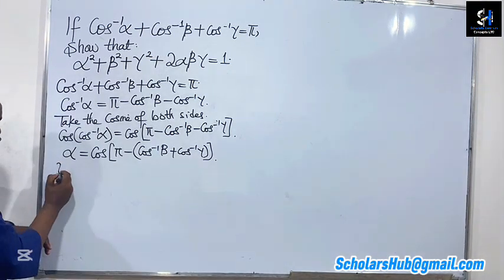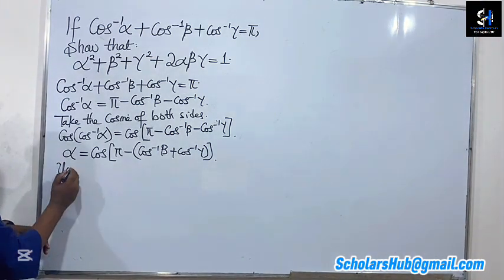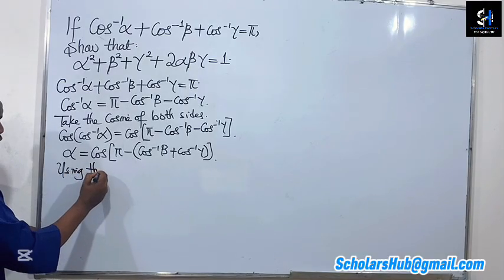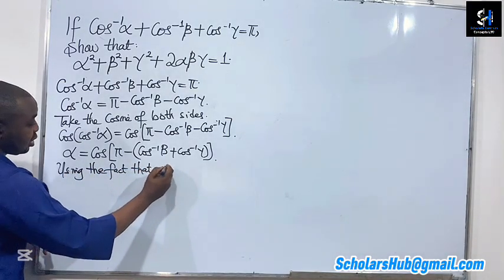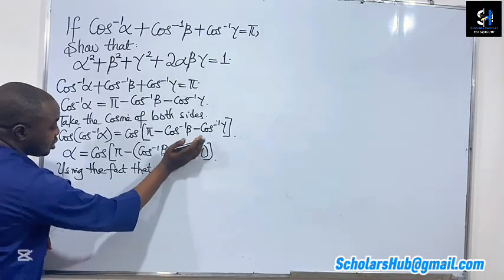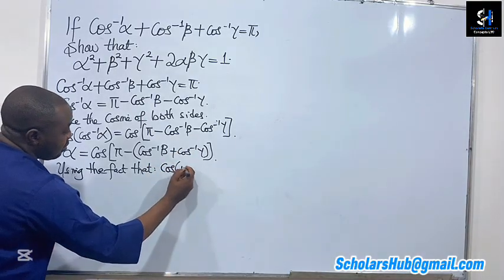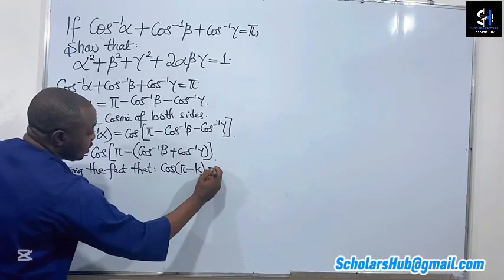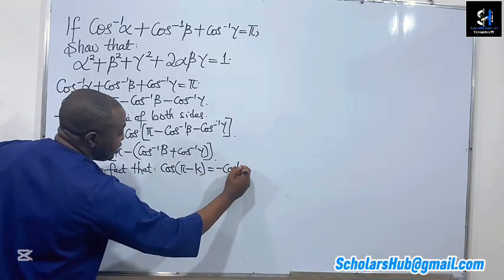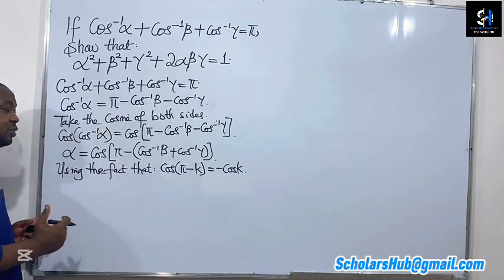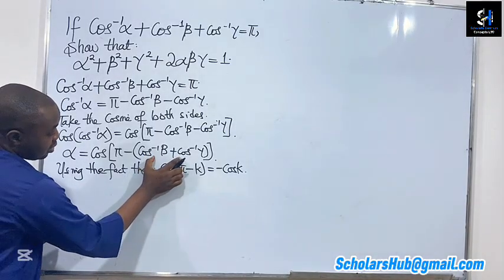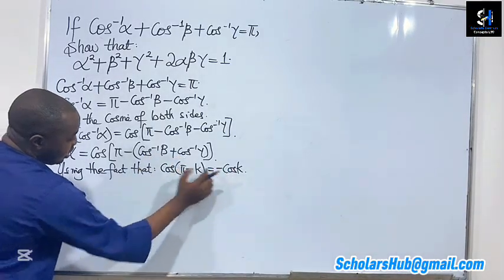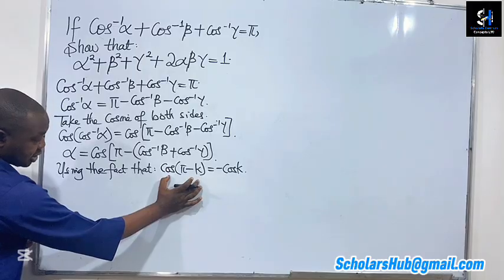So we can use the fact that if we have cos of pi minus k, this will be equal to negative cos k. This represents k according to this. So we are using this identity.